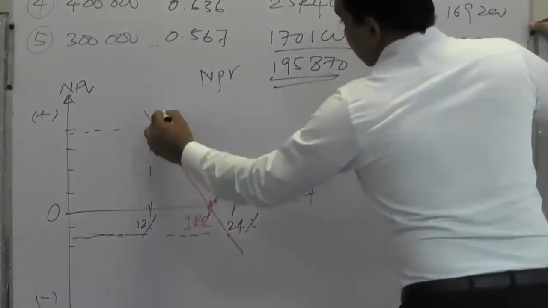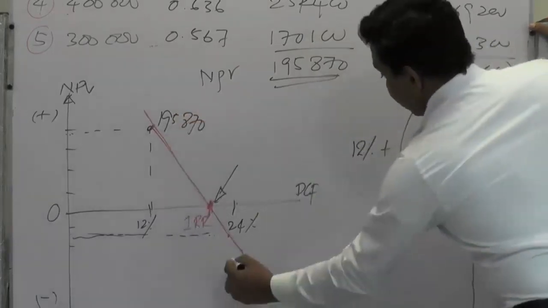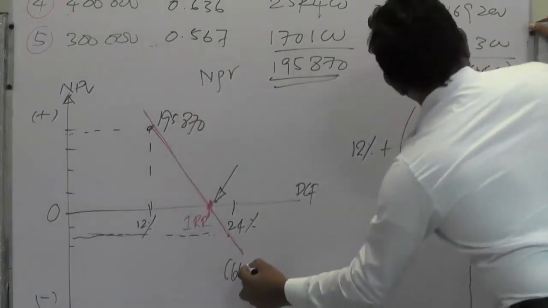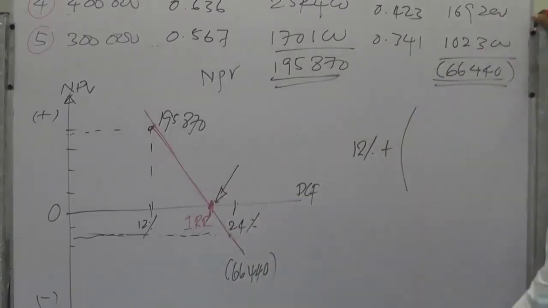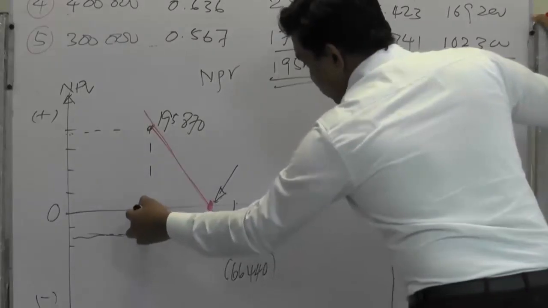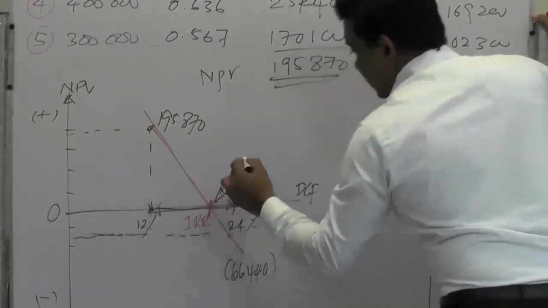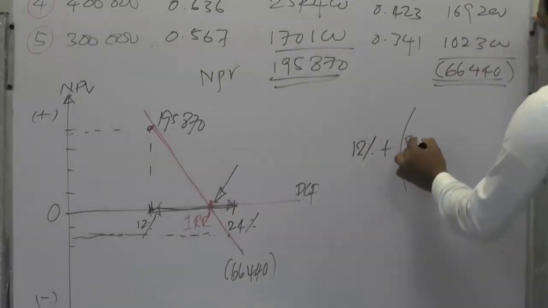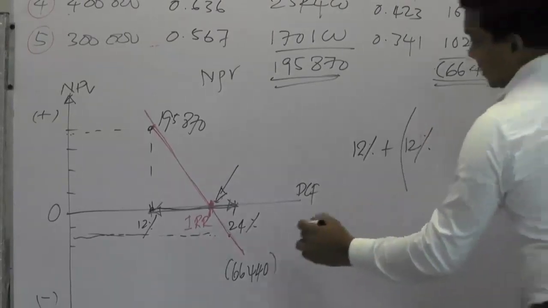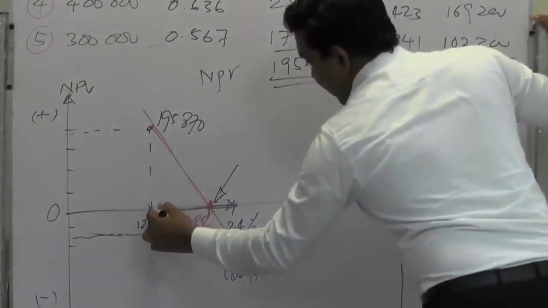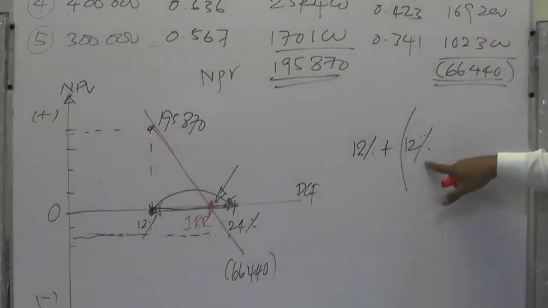You know, at this point it is 195,870. This point minus 66,440 was the NPV. When the rate increased from 12 to 24, the difference is 12%.